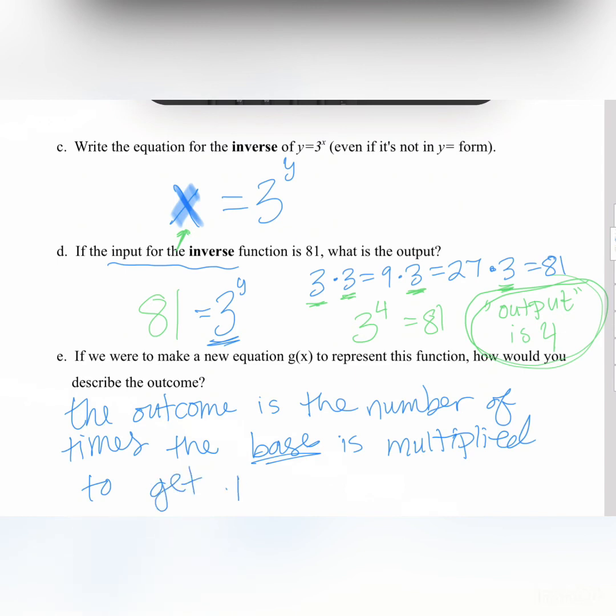And by multiplied, I mean by itself, right? So 3 times 3 times 3, and it's how many times that is in order to get that input, which is the 81.